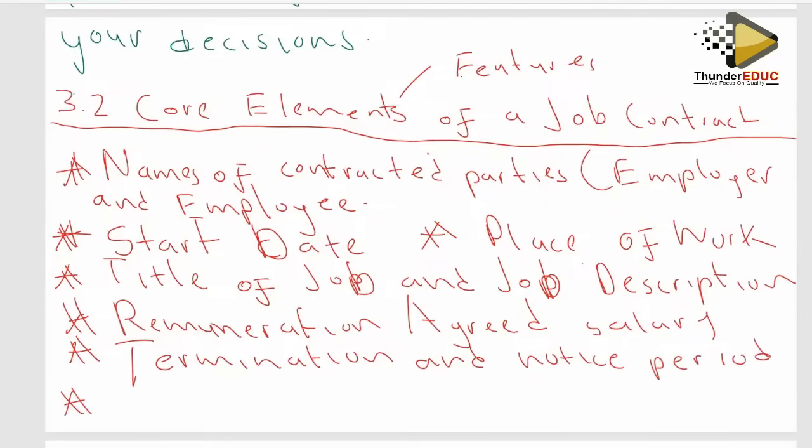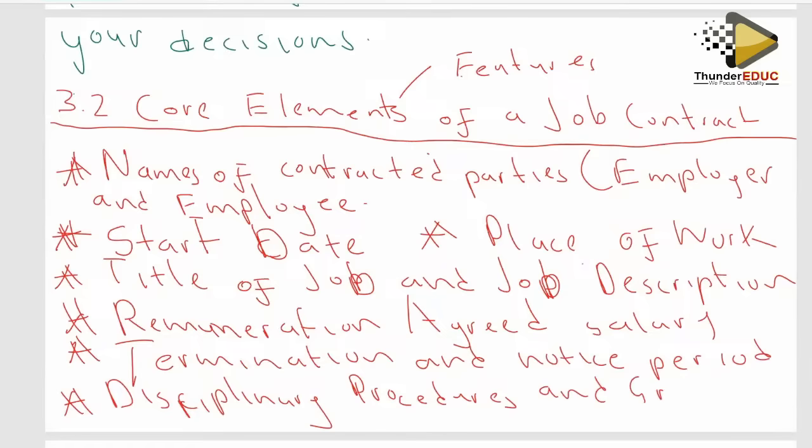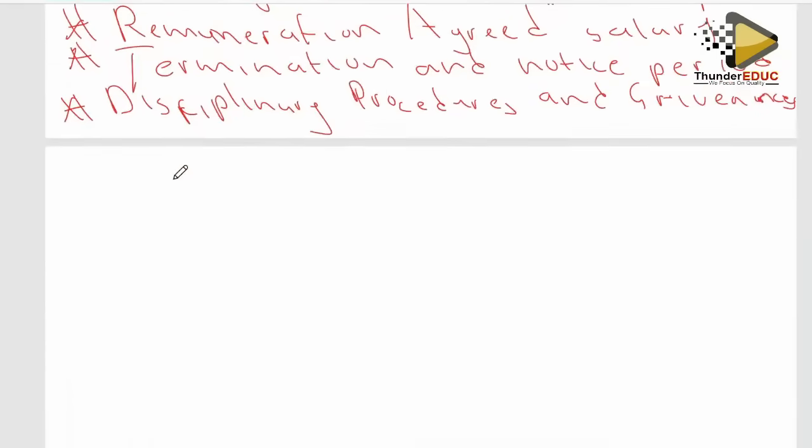Then in addition to that, we also need the disciplinary procedures in the event that the employee fails to follow what is required, and grievance procedures as well. So basically, we have listed quite a number. In your case, the question only requires 4 of them, so you can choose any 4 from the ones which have been provided.